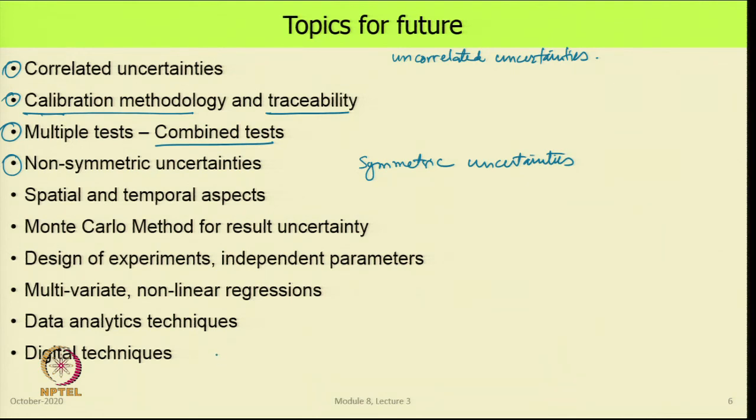In many measurements, there are spatial and temporal aspects and maybe even aspects of the engineering. This we have not gone into detail, and an example of this is if we are using a vane anemometer, which has blades, a sort of a fan. When air goes through this, it rotates and you count and correlate that with the mean flow.